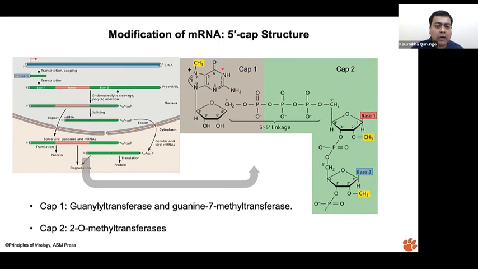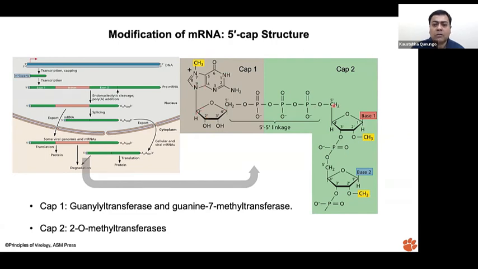But right here, you have a guanosine, or G, which you can see is inverted. It is inverted, and it is connected by a 5' to 5' linkage. So you can see that here it is 1, 2, 3, 4. The ribose sugar is 1, 2, 3, 4, 5 here. Here it is the other way, 1, 2, 3, 4, 5. Here is the base right here.